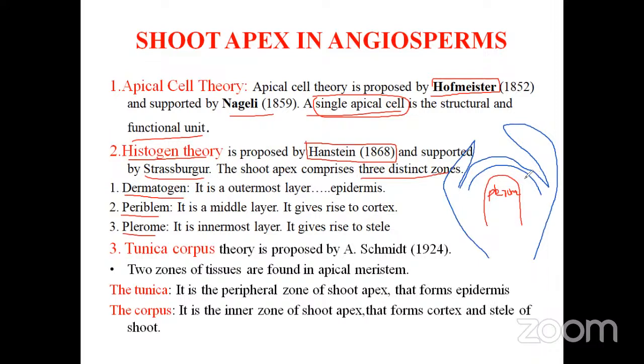This is periblem. And finally the dermatogen. Three regions, so this is called histogen. Actually, histogen is a group of cells.